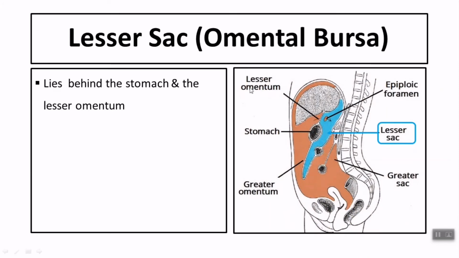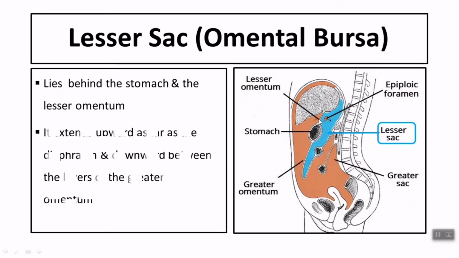The lesser sac, as we explained a little while ago, we divided the greater sac into supracolic compartment and infracolic compartment by the presence of the attachment of the transverse mesocolon. Now our topic is the lesser sac or omental bursa. This is a space that lies behind the lesser omentum and the stomach, and it extends upward as far as the diaphragm.